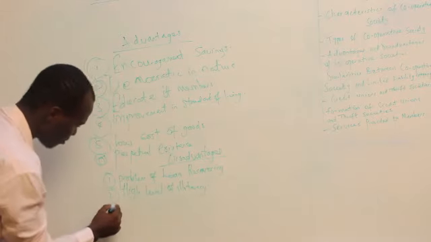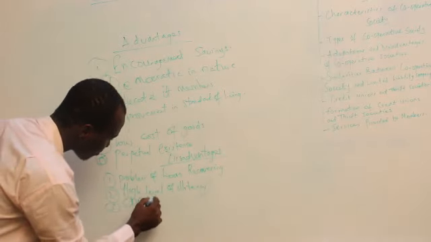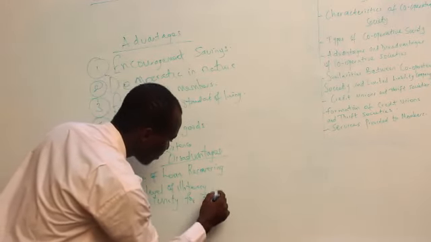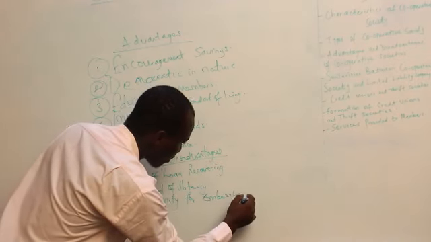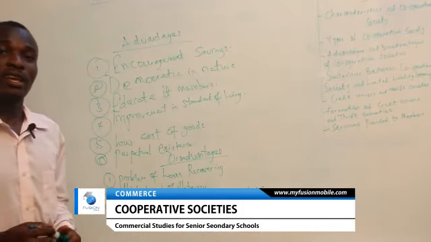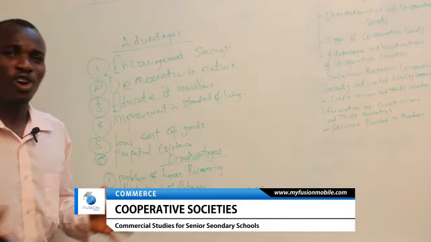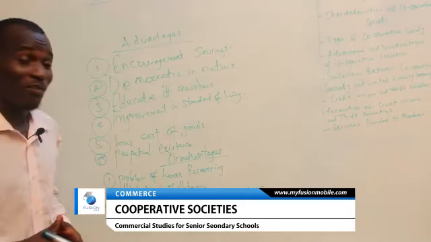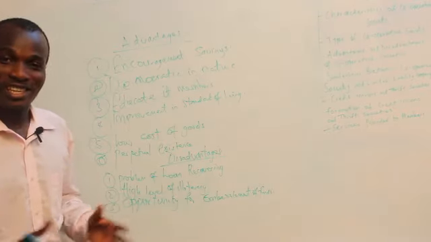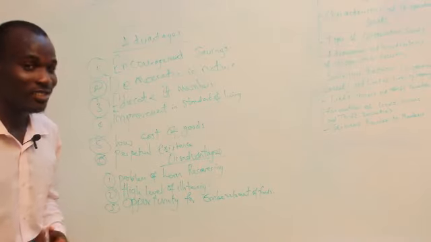So we also have an opportunity for embezzlement of funds. Whenever a cooperative society is being formed, there will be leaders in the organization, and whenever funds are given to them, that also serves as an opportunity for the funds meant for the society to be embezzled.